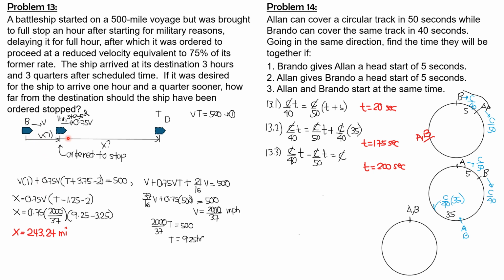Then for this situation here, v times 1, that distance there, plus this distance, which is 0.75 of v times quantity.